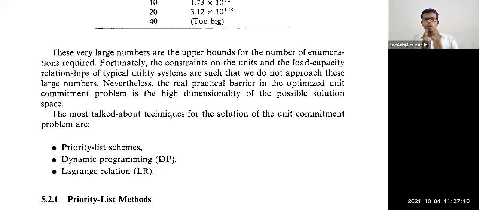Similarly, we are going to frame the Lagrange's function and solve the problem. For these 3 methods, we are going for certain assumptions and we are going to solve this problem. Then only can we solve this problem. One such easy technique is the priority list.